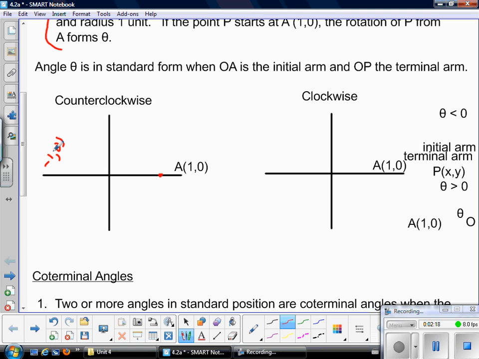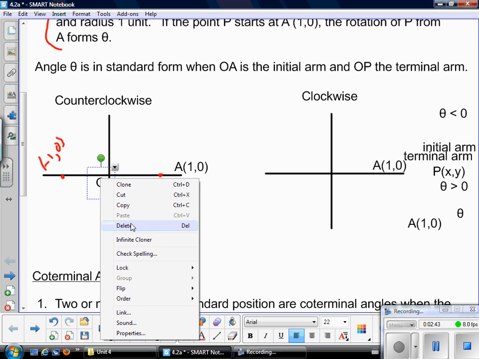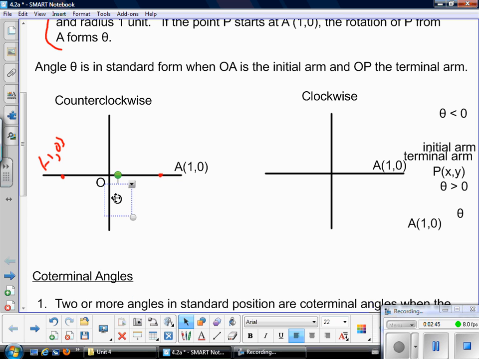Okay, and it exists over on this side, and the reason we have that is the radius of our unit circle is 1 unit. Okay, and they're saying that angle theta is in standard position when OA, and O is the center of our circle. So here's our O, and it's at 0, 0. Okay, and I'm going to again put it over on this side as well.